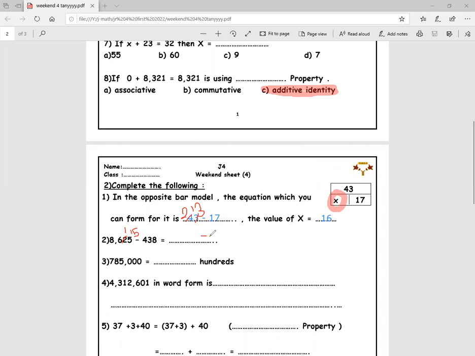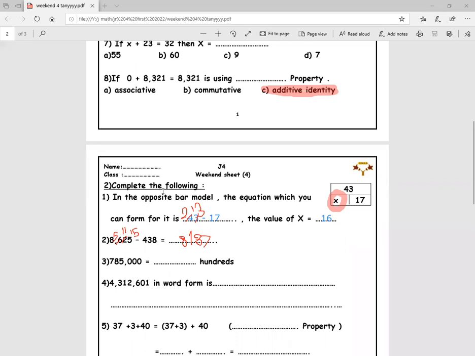So the answer would be 7. 1 minus 3 can't be. The 6 will be 5, and the 1 will be 11. 11 minus 3 equals 8. 5 minus 4 is 1. And 8 would be the same 8 because there is nothing to subtract.